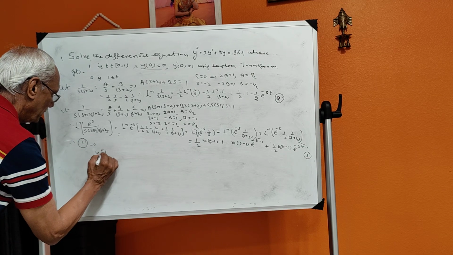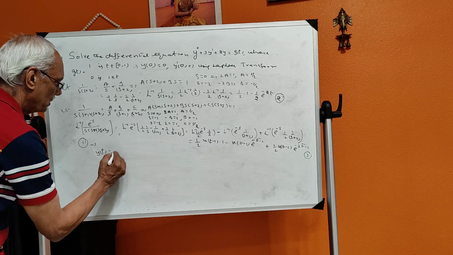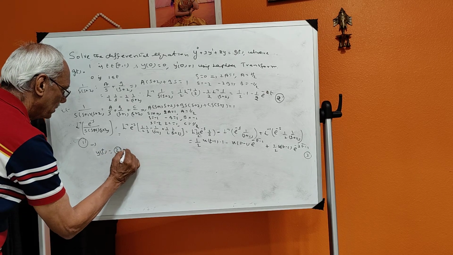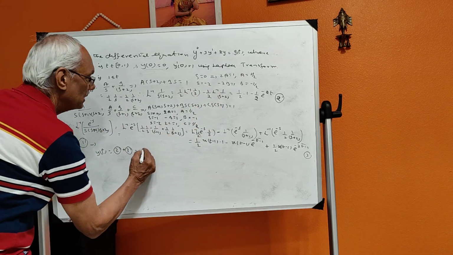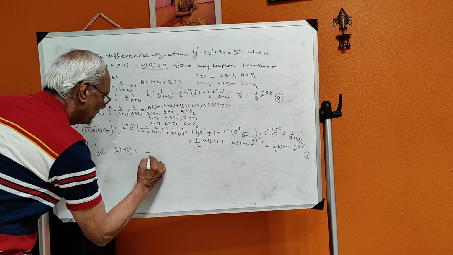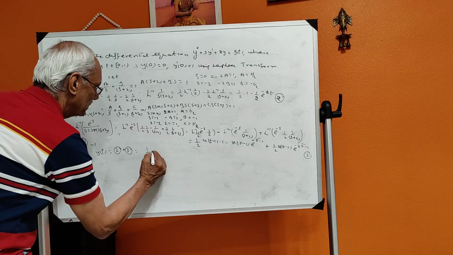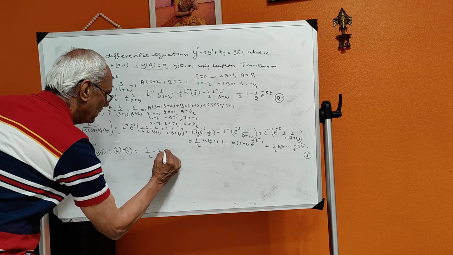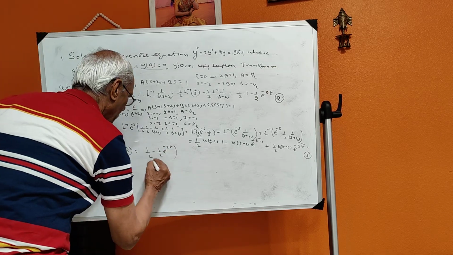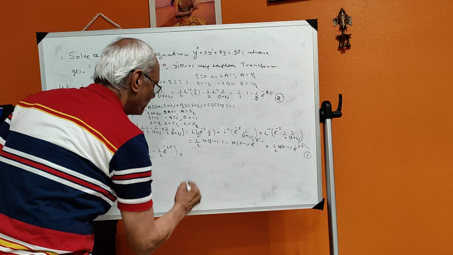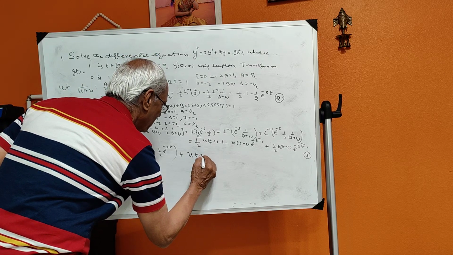Therefore 1 becomes y of t is equal to 2 plus 3. What is your 2 now? It is half minus half into e to the power of minus 2t, plus u of t minus 1.